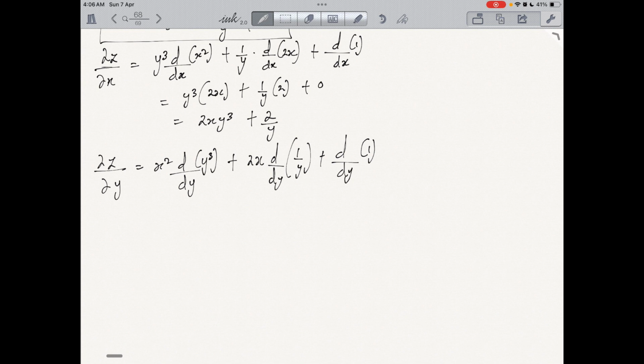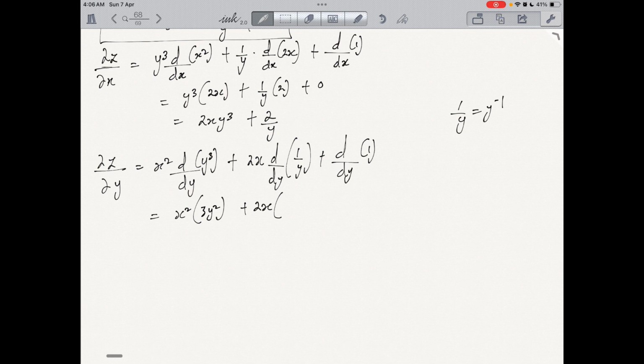So differentiating this, we have x squared divided by 3 multiplied by 3y squared plus 2x. Now 1 over y is the same thing as y raised to power minus 1.